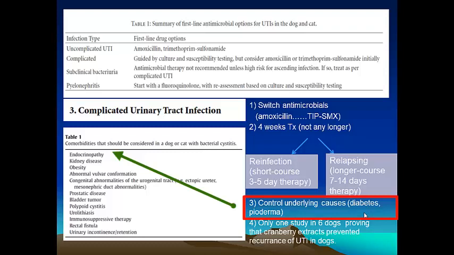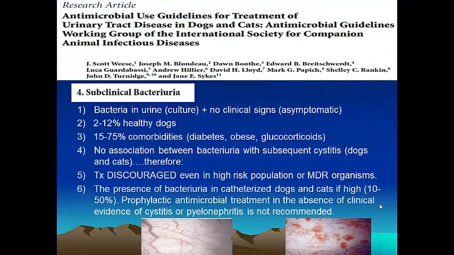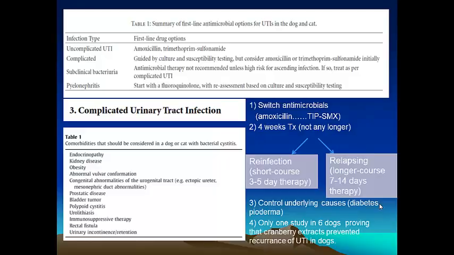The one thing that is crucial for being successful, as I say, is controlling the underlying causes, whether it's a poorly managed diabetes or an allergy treated with corticosteroids or a hypothyroidism or some other type of endocrinopathy or what have you. And finally, once we have achieved clinical and microbiological cure, which is usually considered successful after 5 to 7 days of cessation of antimicrobial, there is always the question of whether it can be prevented because recurrence is very high.